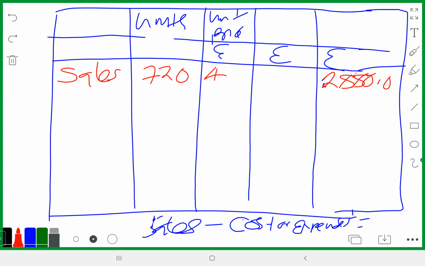Then we have the cost of sales. You less the cost of sales. Under the cost of sales, we know how much we spent when purchasing. And this is very, very important: you are using first in, first out.